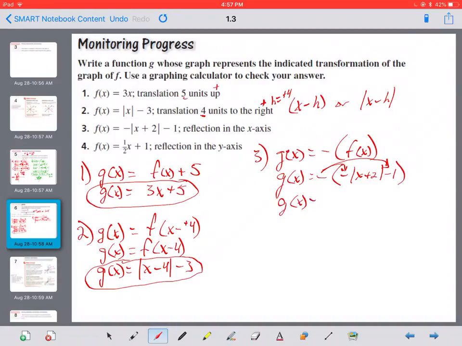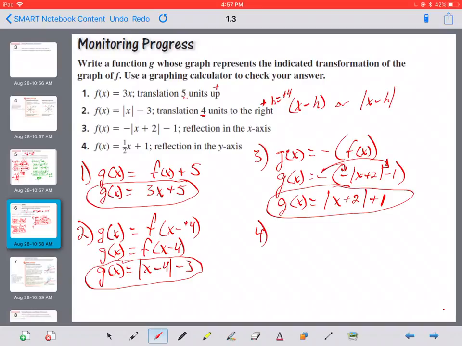Take the negative inside and distribute. Negative times a negative makes a positive. Absolute value of x plus 2. It doesn't go inside the absolute value. Negative times a negative 1 makes positive 1. And there's no more to simplify.